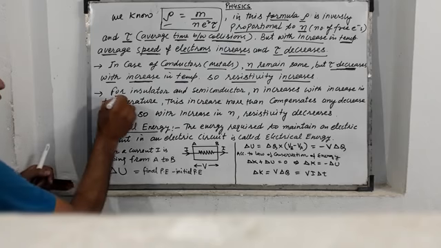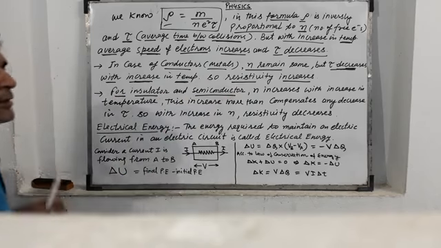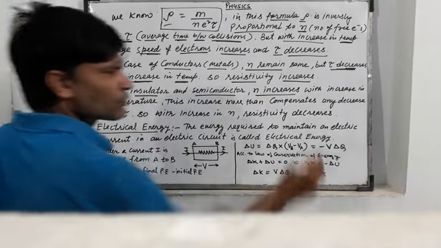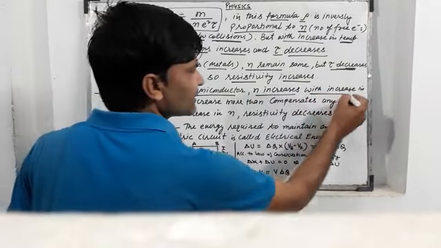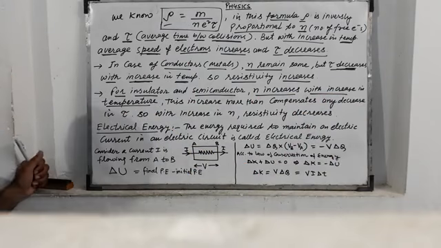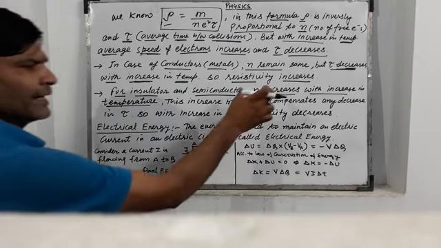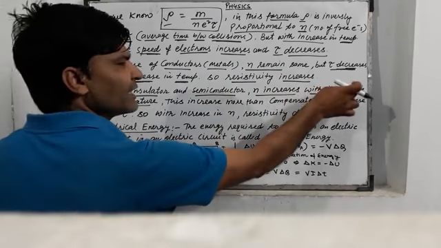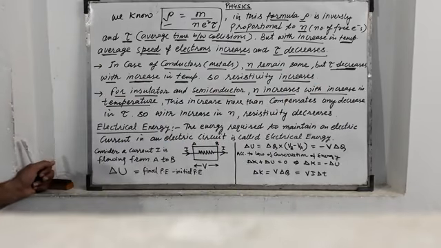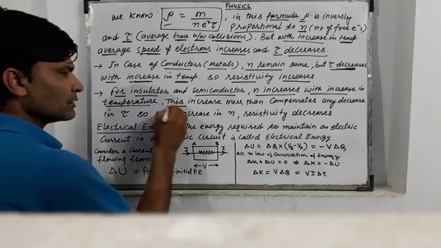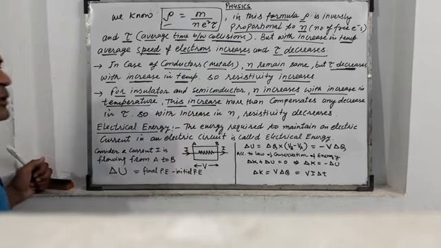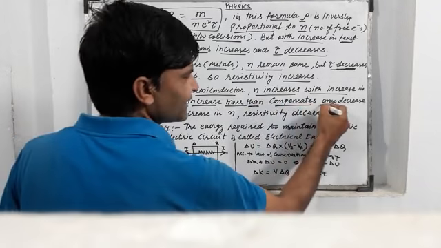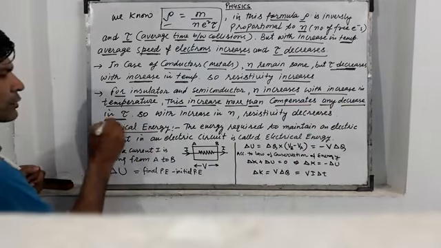Now for insulators and semiconductors, n, the number of free electrons, also increases with increase in temperature. This increase in the number of electrons more than compensates any decrease in tau.